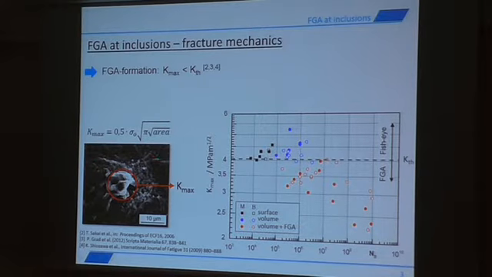We calculate this by the formula provided by Professor Murakami. So here you see a surface initiation, subsurface initiation with fissure formation is just above the threshold value for long cracks, and below we have the formation of FGA.